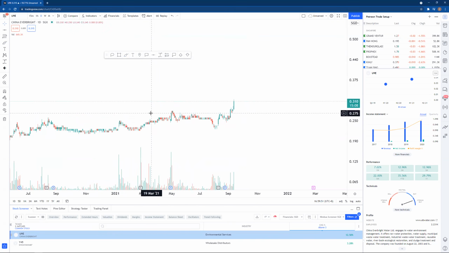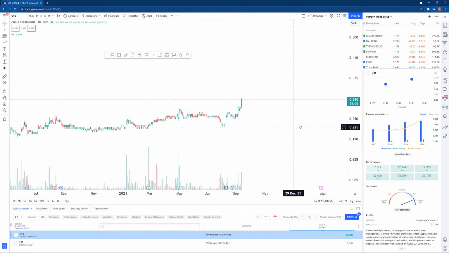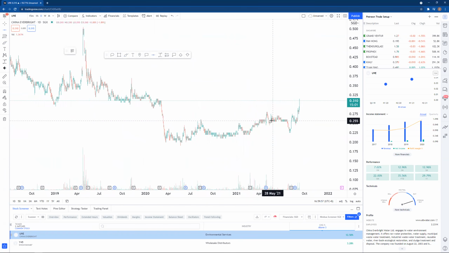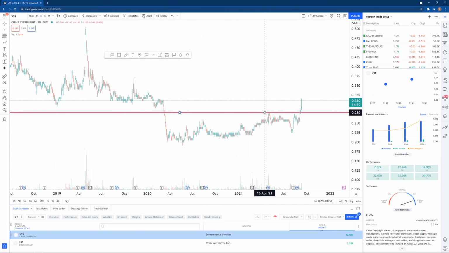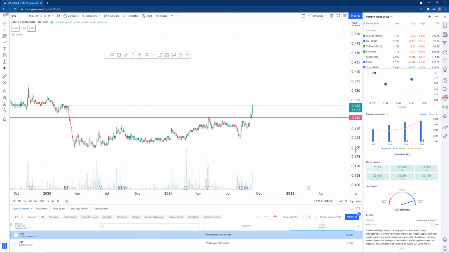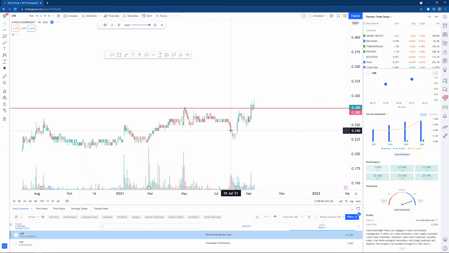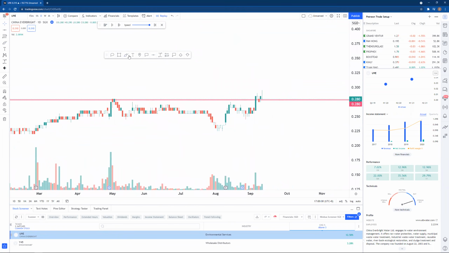And one thing I like about this counter at its current level is that we have convincingly broken through this resistance. Previously it wasn't that convincing. It broke through and then hovered around there.